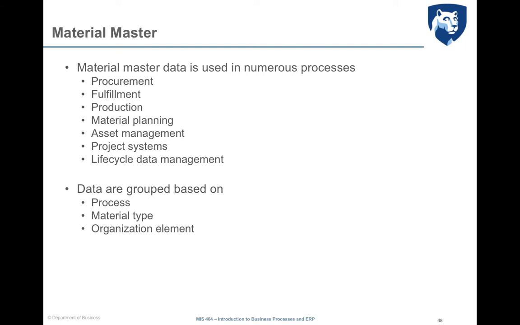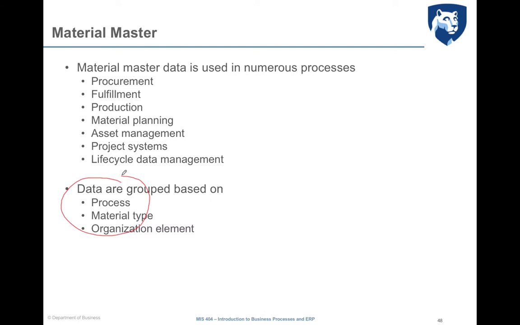Of course, not all the data are used and viewed by all the processes in the same way, but each process uses the material data differently, and of course needs to have different views on this type of material.